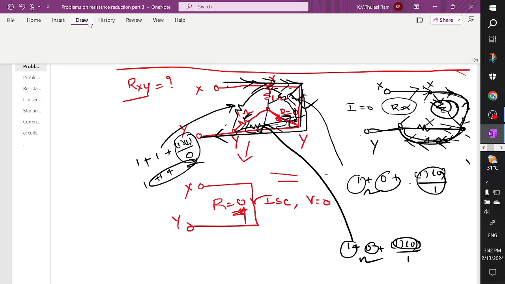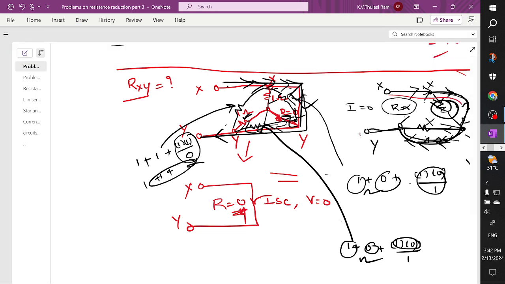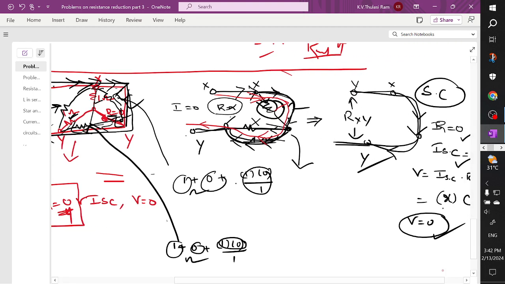So ultimately the current will start here and it will flow in the short circuit path, and it will follow the loop and come out. So this is the direction of current. The same we represented here. The current flows through X, doesn't flow across 1 ohm.